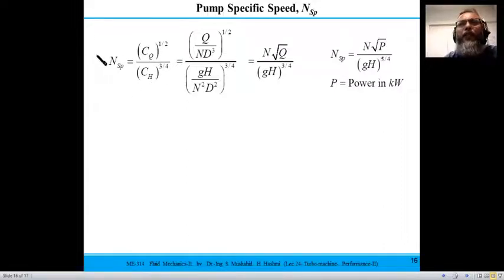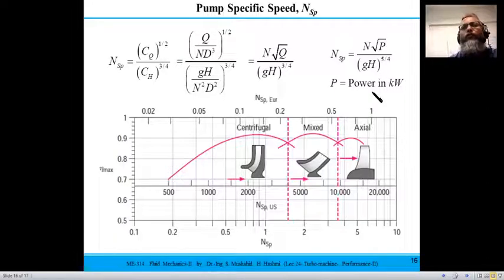So you end up with another dimensionless number, and these are useful in classifying different types of turbo machines. For example, centrifugal machines: the blade shape is such that flow comes in from the eye of an impeller and then moves in the radial direction, so they are radial machines.